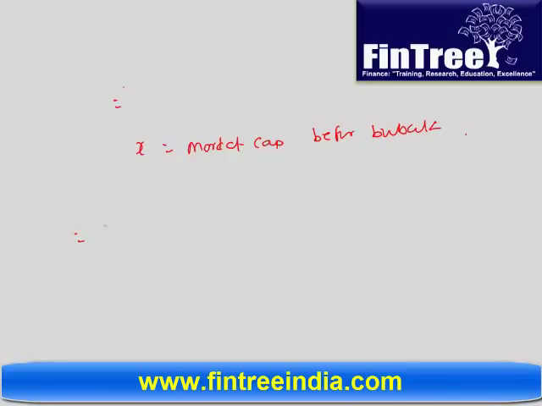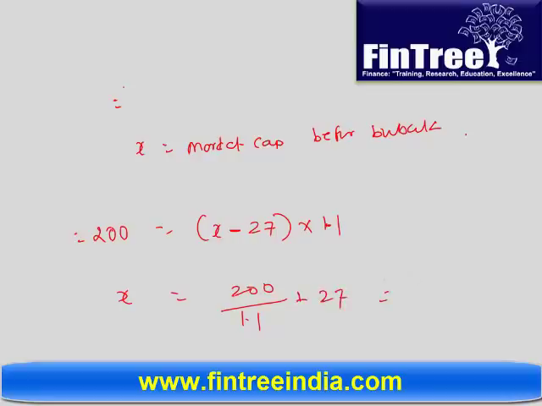So here we will say 200 is equal to (X minus 27) into 1.1. So X is equal to 200 divided by 1.1 plus 27. How much is this coming out? 208.84. So 208.84 is the market capitalization before buyback.